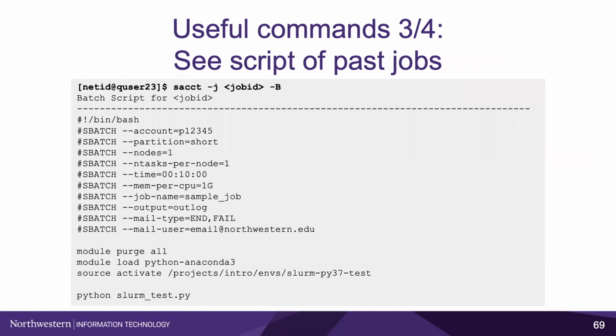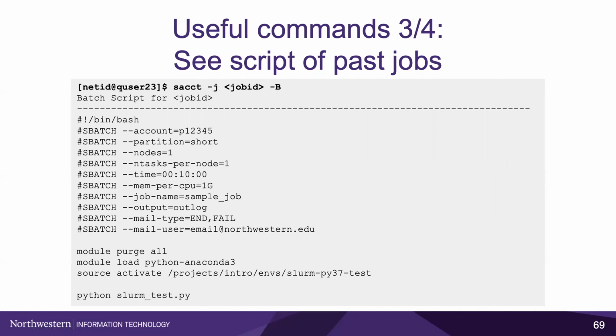The third command that I wanted to introduce is actually also the same command, saccount. But this time, this allows you to see the content of the batch submission script. So the command goes like this. It's saccount followed by -j, followed by a given job ID, followed by -B.